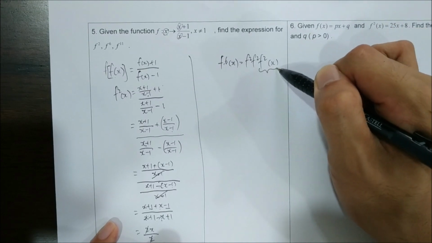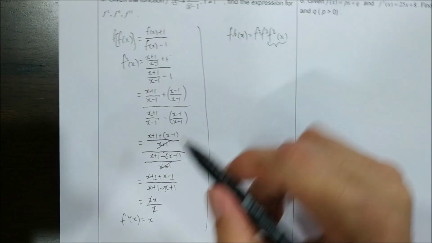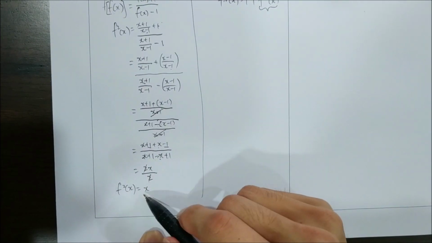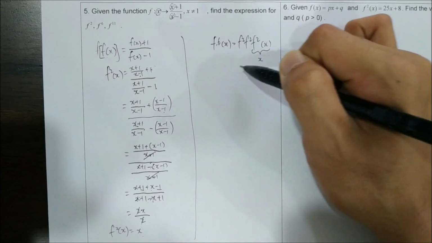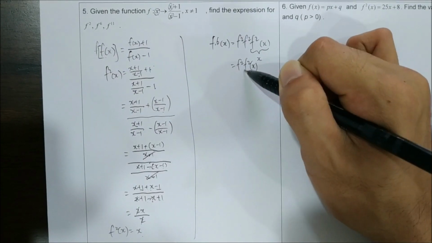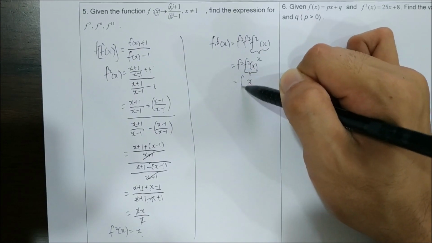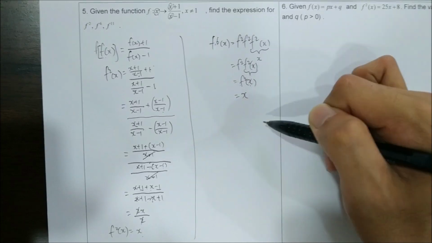So f^2(x) here actually is x. So meaning that this actually becomes an x. So you have f^2(x). Again, f^2(x) is equals to x.